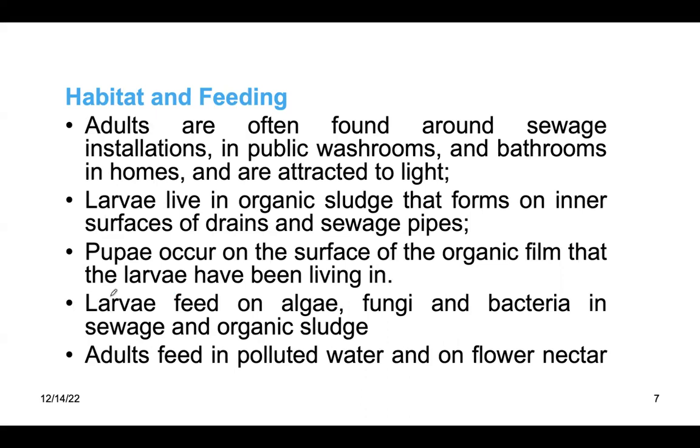The pupae can occur on the surface of the organic film that the larvae live in. The larvae feed on algae, fungi, and bacteria. Adults usually feed on polluted water and flower nectar, especially the ones that are not pregnant, and male sandflies.